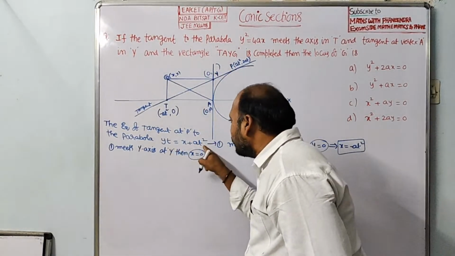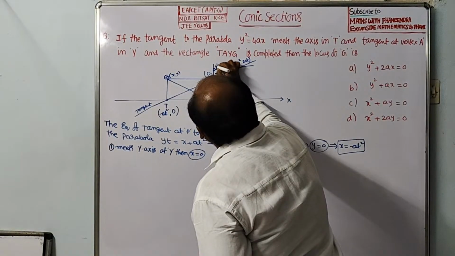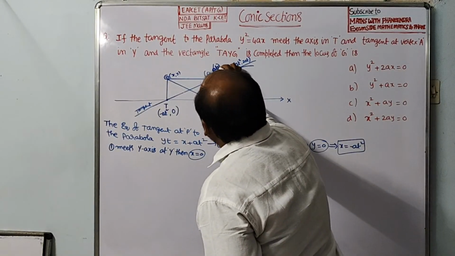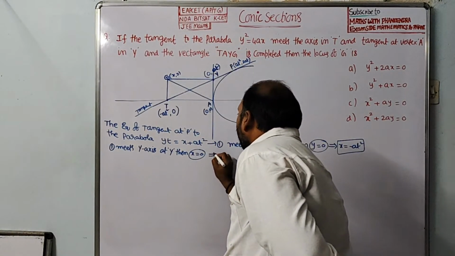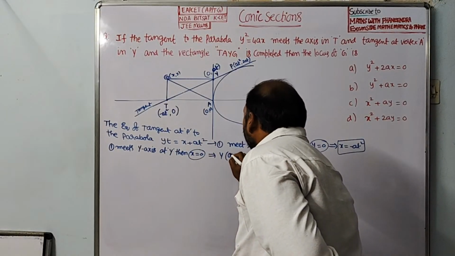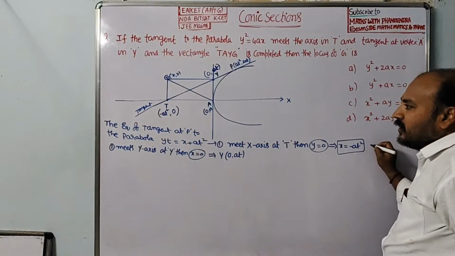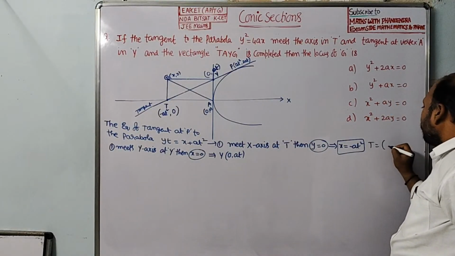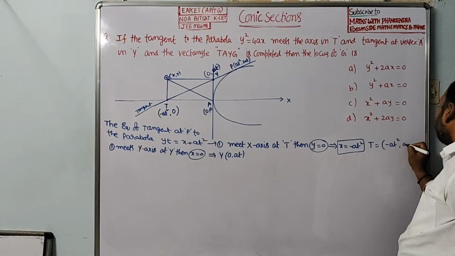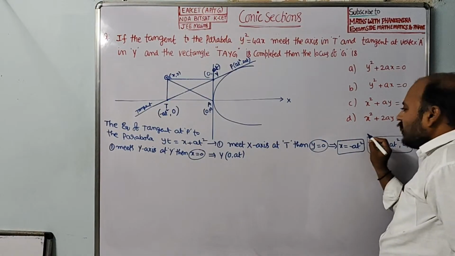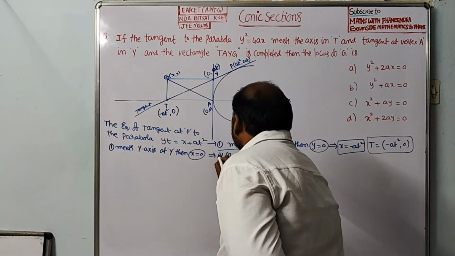If you substitute x = 0, the t terms also get cancelled, y is equal to at only. So the point Y will become (0, at), and here the point T will become (minus at², 0).